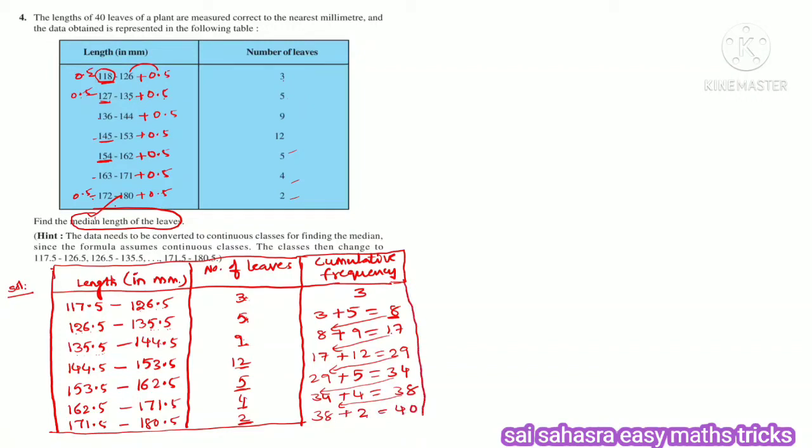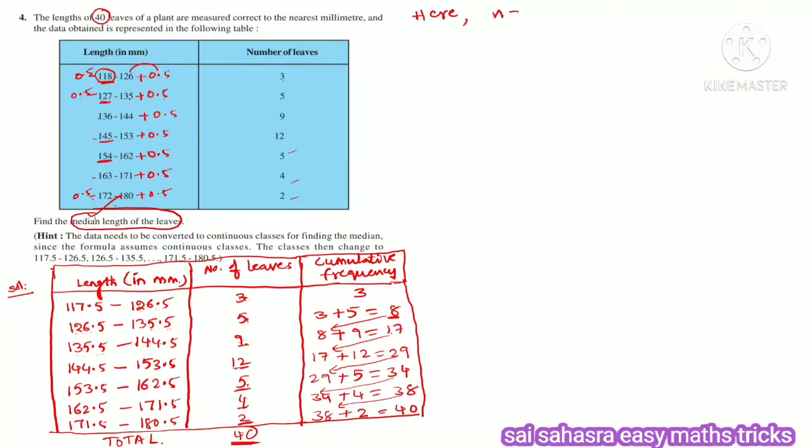In this way we have to find out the cumulative frequency. 3 plus 5 is 8, plus 9 is 17, plus 12 is 29, plus 5 is 34, plus 4 is 38, plus 2 is 40. In the question there are totally 40 leaves, so that is satisfying. This 40 is the n value.